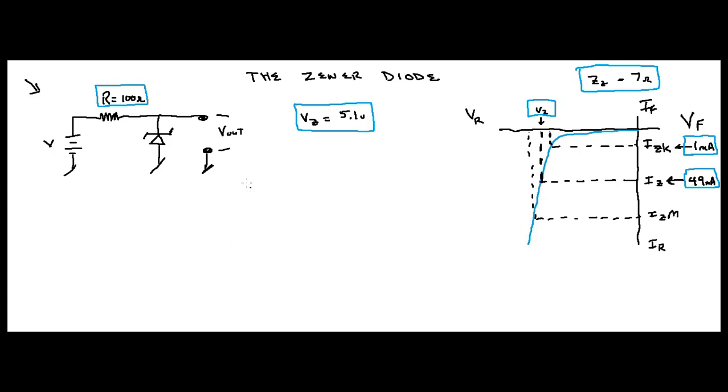So we're going to say at IZK, right? So this is what we're going to work on. So we know, we just did this in the prior problem. Delta I is going to equal, well, we know IZ is 49, right?